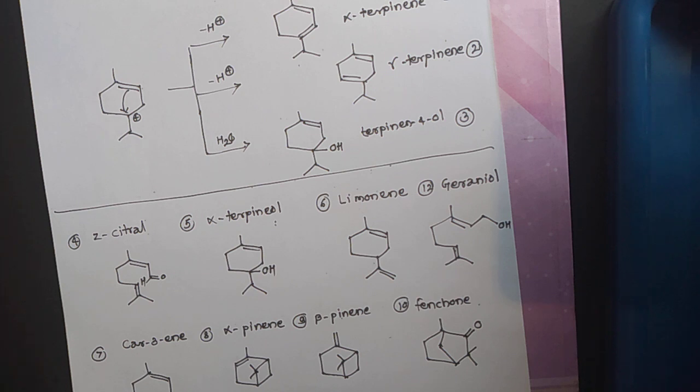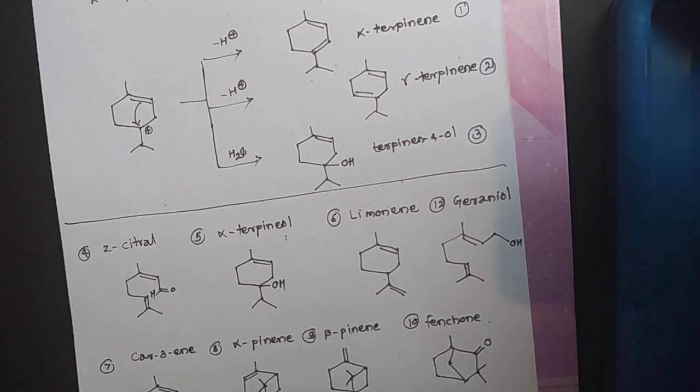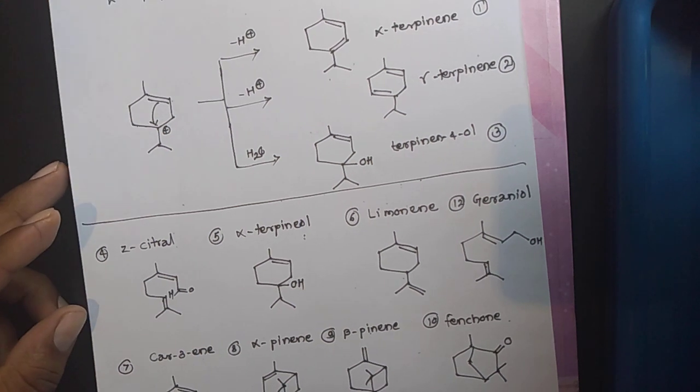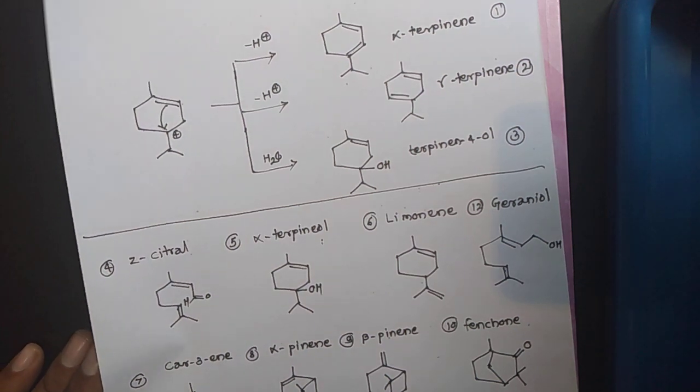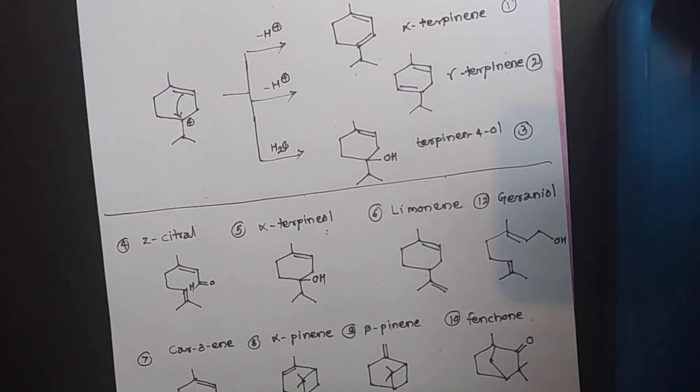So guys, we have learned almost 12 very important terpenoid compounds. Again, all are part of the terpenoids, which are monoterpenes, and the chemistry of terpenoid formation is essentially based on the reactivity of carbocations, right?